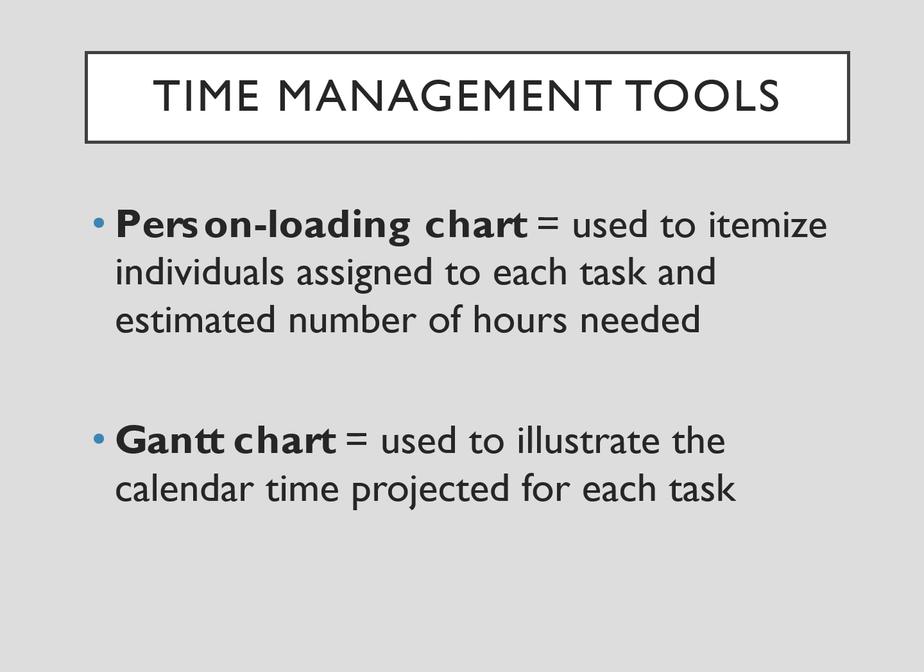And then you look at a Gantt chart, and it's used to illustrate the calendar time projected for each specific task. So if you're looking at how many hours a specific task takes, and then you have to do it 3 days per week, and it's going to take over a period of 6 weeks. So using these two things can really give you a good estimate on project timelines and project cost.